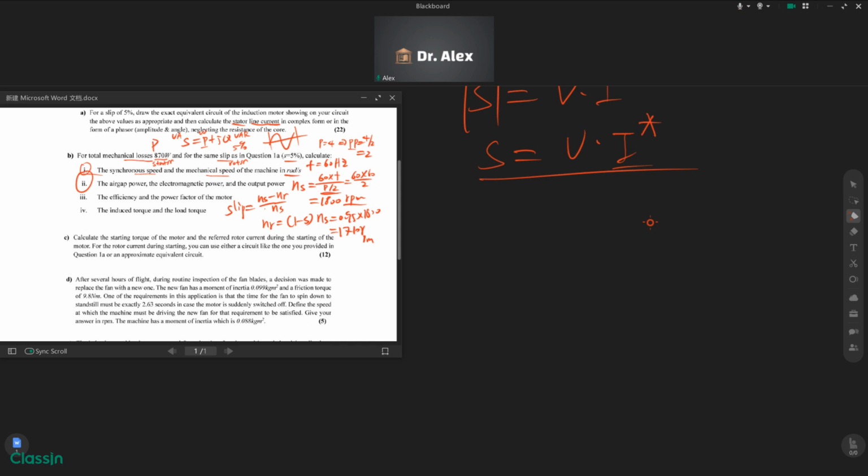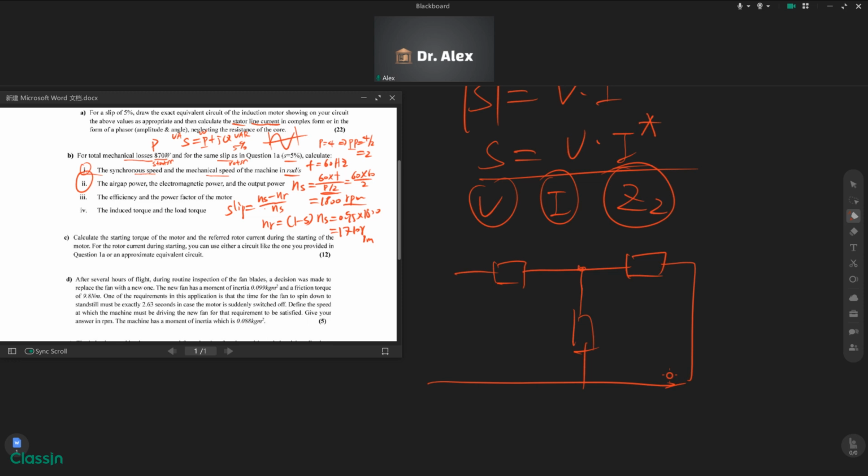So presently, we need to get the voltage and the current applied on the rotor, which is Z2. So what is Z2? That's from the equivalent circuit in the previous question, right? This is Z1, which is R1 plus jX1.